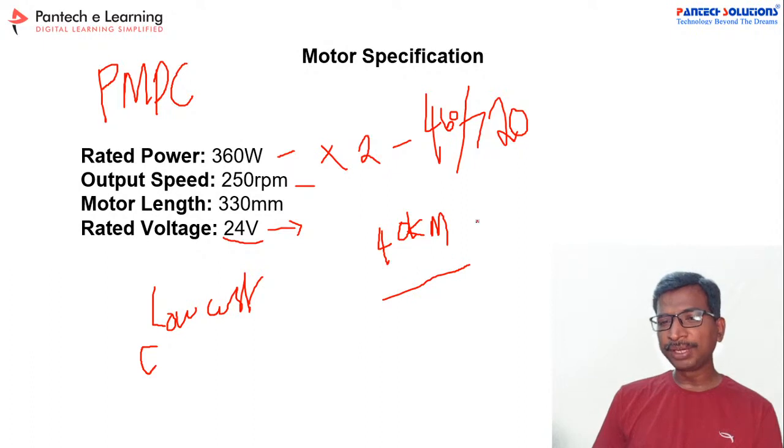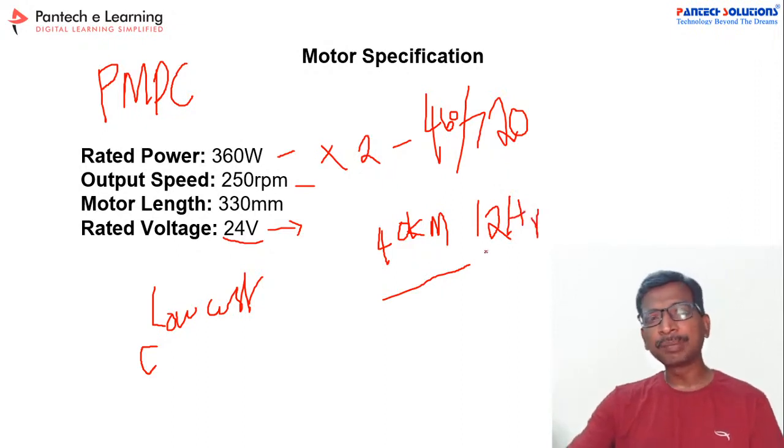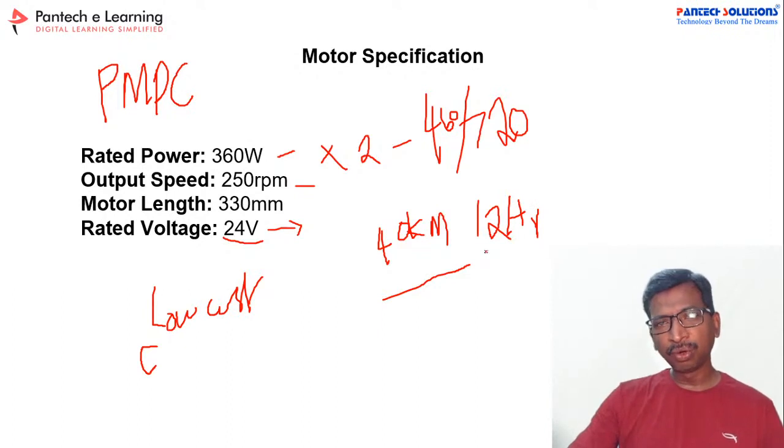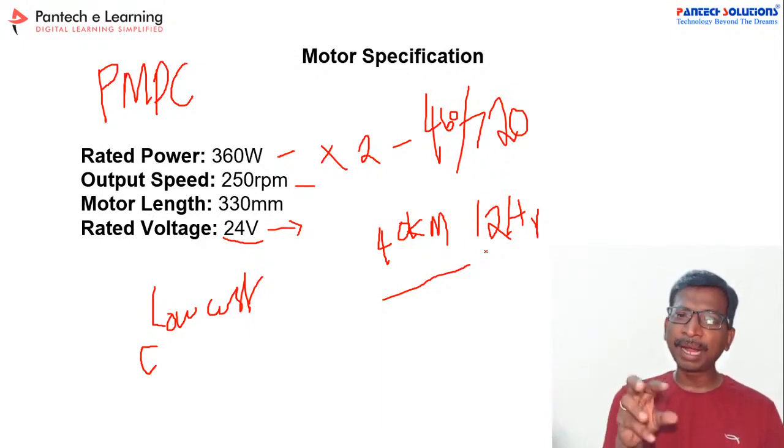The vehicle's maximum speed at full load is about 20 kilometers per hour. So to cover 40 kilometers, you should run the vehicle for 2 hours. From this point you can identify the battery power rating.